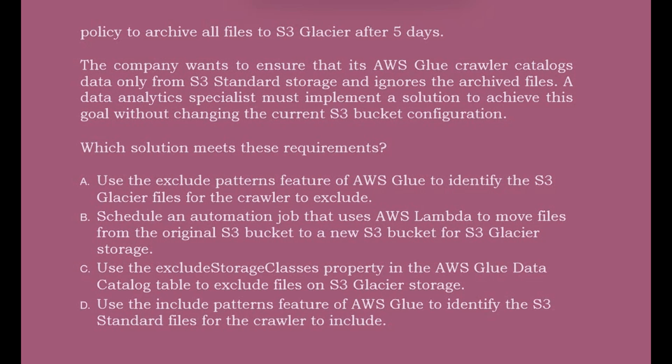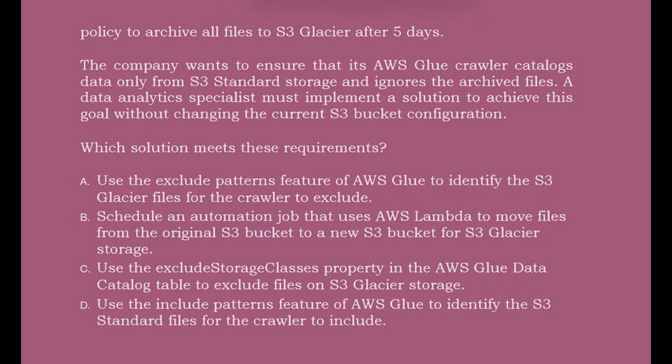Option A. Use the exclude patterns feature of AWS Glue to identify the S3 Glacier files for the crawler to exclude. Option B. Schedule an automation job that uses AWS Lambda to move files from the original S3 bucket to a new S3 bucket for S3 Glacier storage.